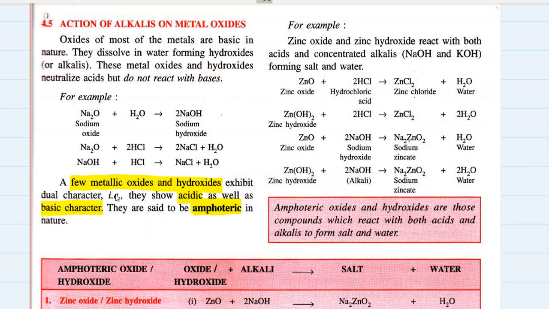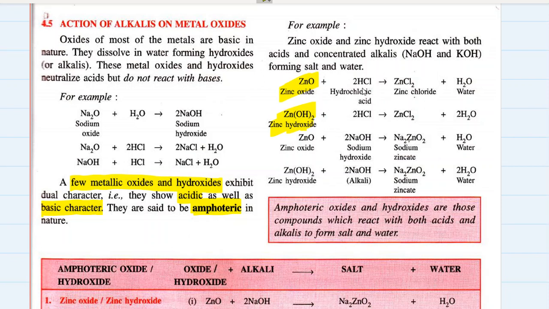That means these few metallic oxides and hydroxides can react with acids as well as bases to form salt and water. When they react with acids, they behave like bases and neutralize acids. When they react with bases, they behave like acids, and again they neutralize to form salt and water. The major examples are zinc oxide and zinc hydroxide.